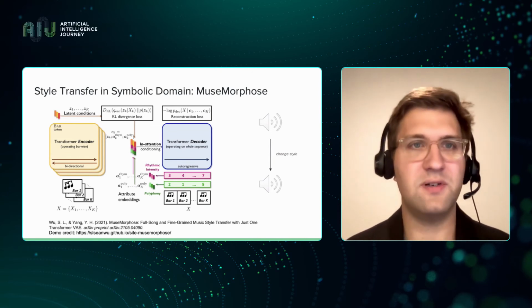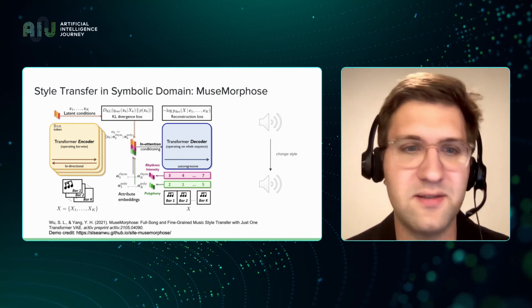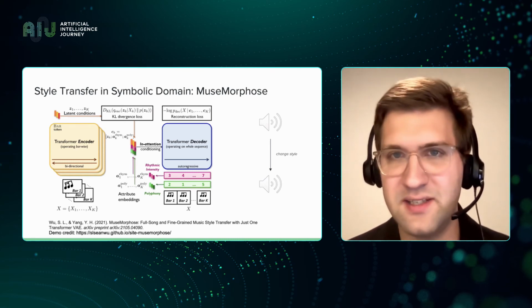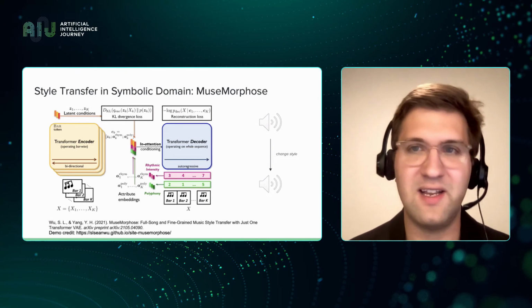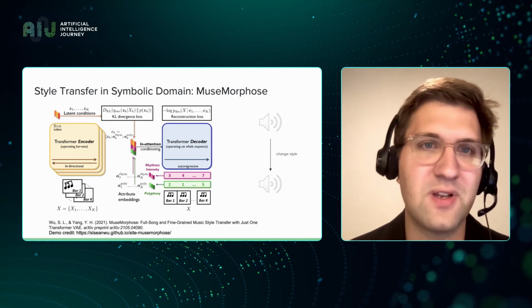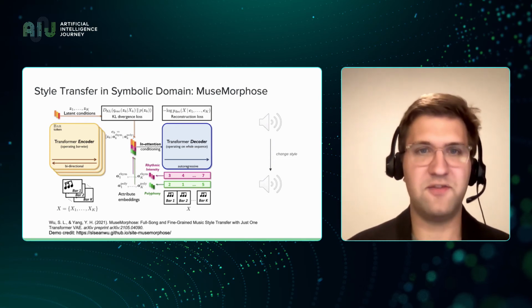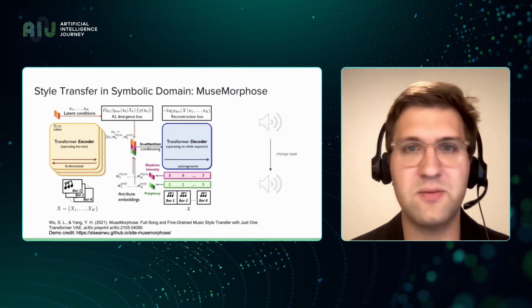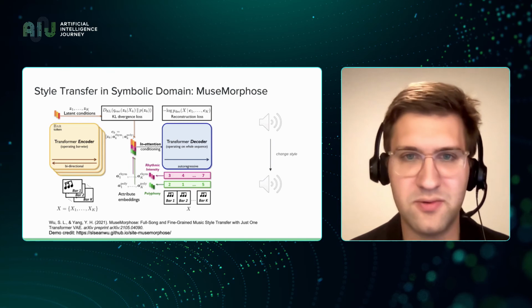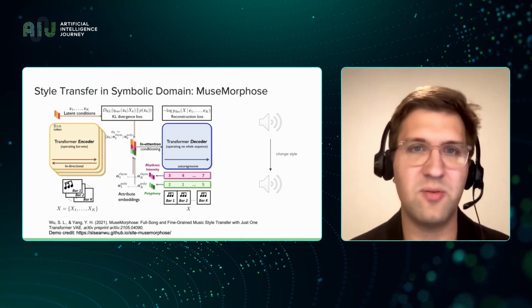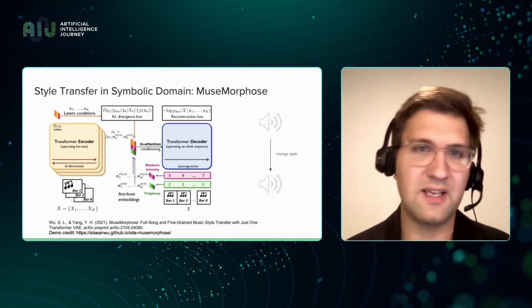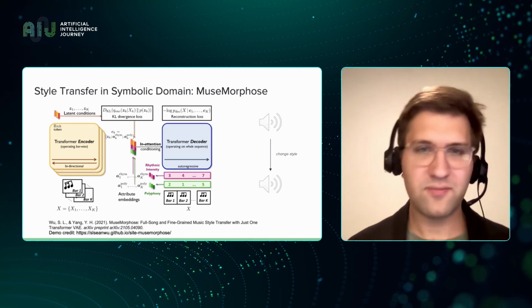Up until now, we have been speaking about changing music style in the domain of raw audio files. However, in the symbolic domain, there are also some interesting architectures that allow changing music style one way or another. For instance, there's an architecture that transfers music style and, in order to train the system, uses parallel data generated by algorithms.